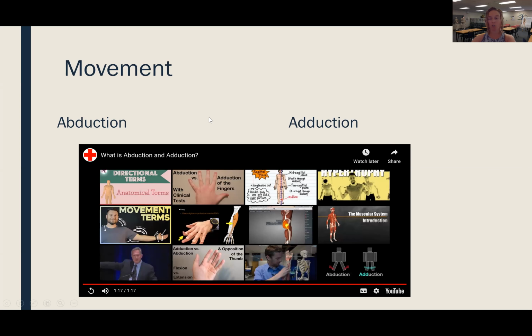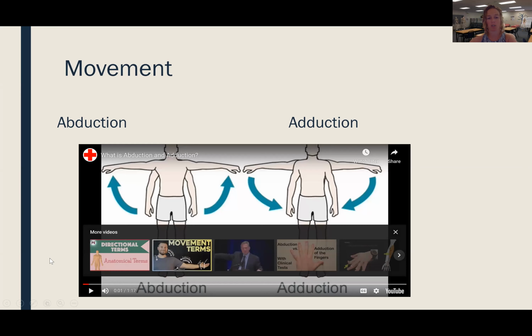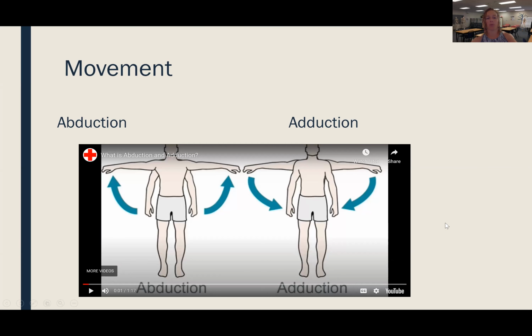Okay, so what type of movement have we already talked about that this sounded pretty similar to? If we go back to that picture, I'm just going to pause it so you can see the picture. But we are doing abduction, and I like to say AB because when you're just saying abduction and adduction, it sounds quite similar, right?